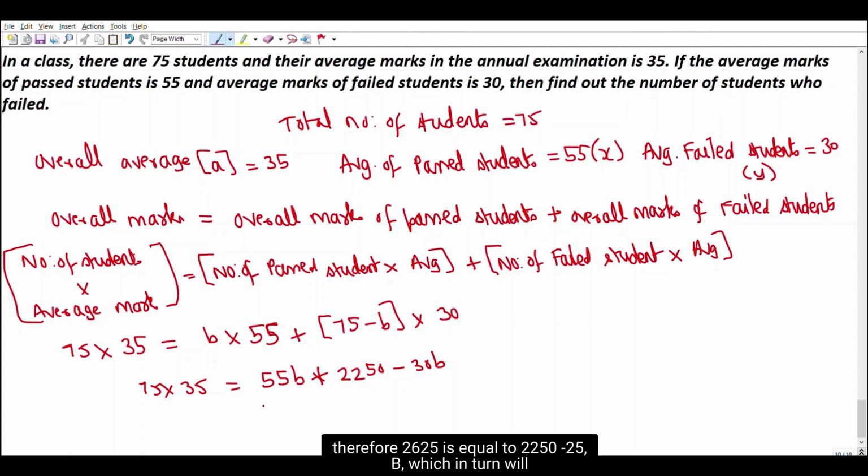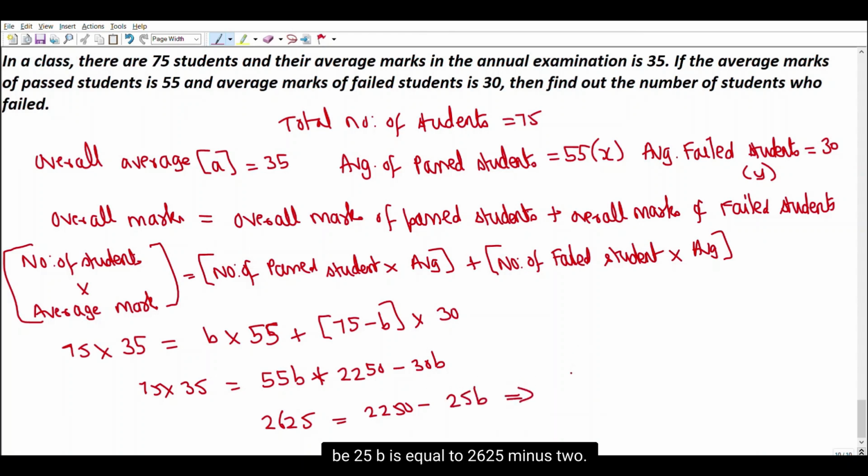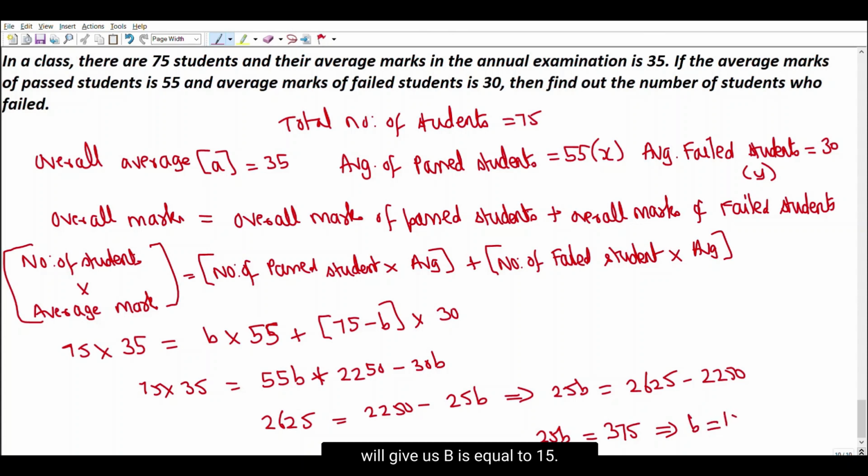So 75 into 35 will be equal to 2625. Therefore, 2625 is equal to 2250 plus 25B, which in turn will be 25B is equal to 2625 minus 2250. 25B is equal to 375, which in turn will give us B is equal to 15.